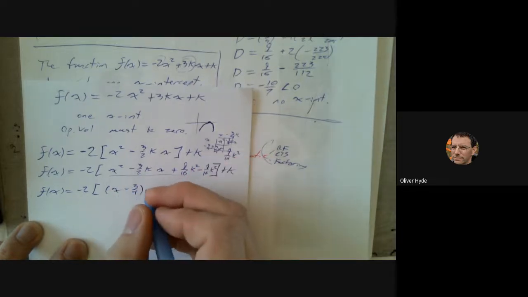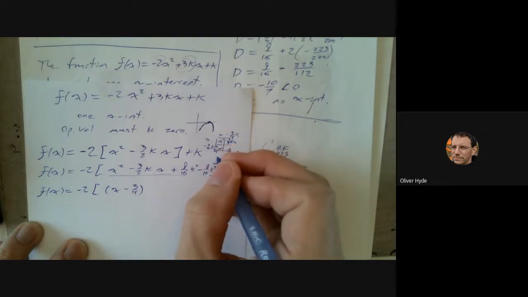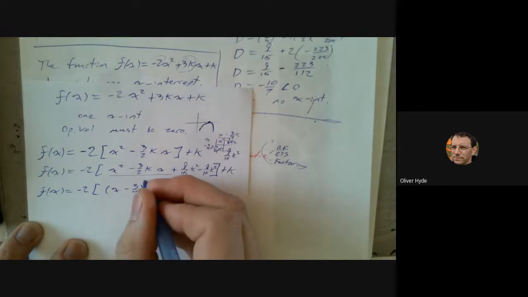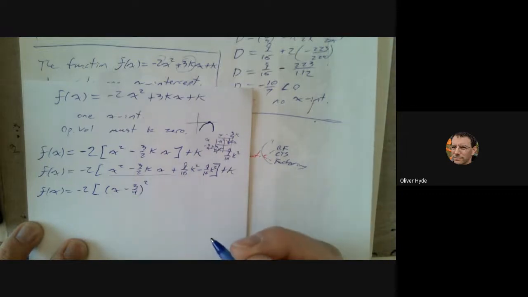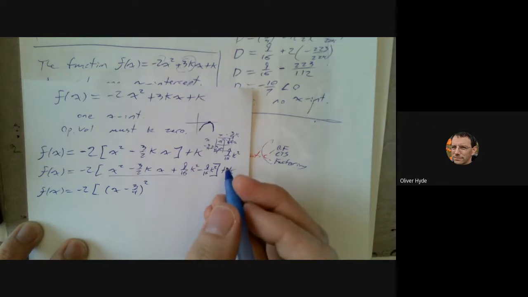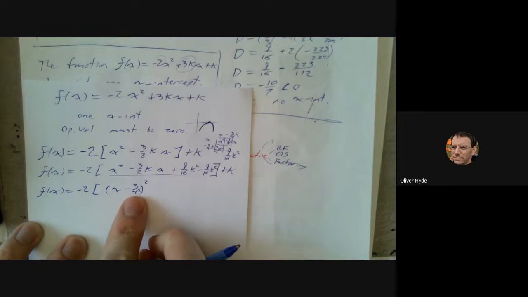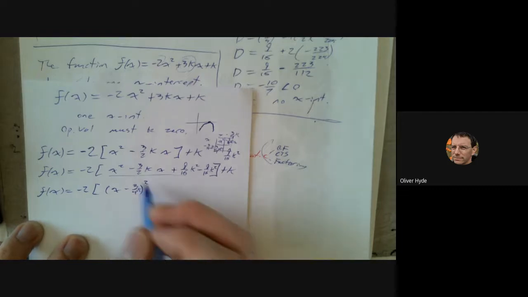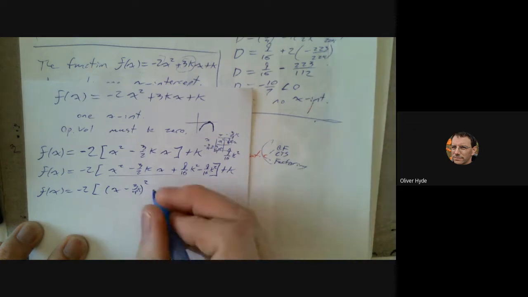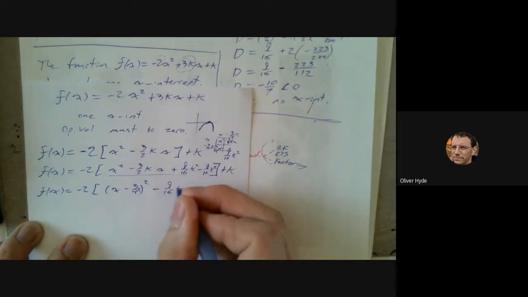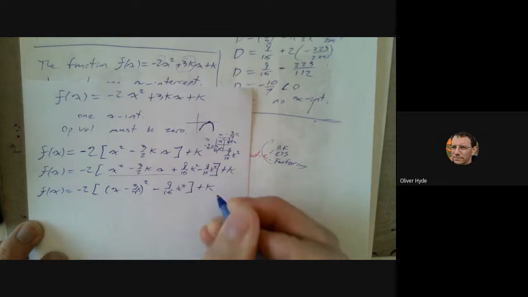There's my square of area x minus 3/4 k. Sorry, I wasn't sure if I was supposed to put the k in there. I do. I need it. If I forget it, it's not going to affect my answer though. Minus 9/16 k squared plus k.